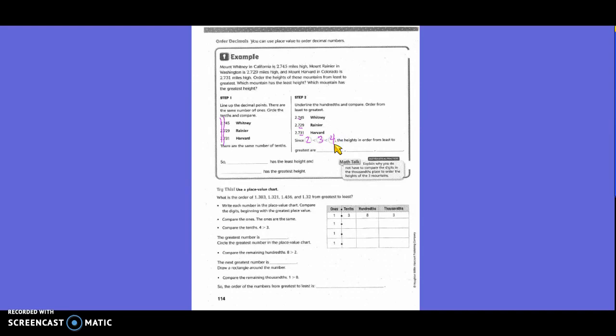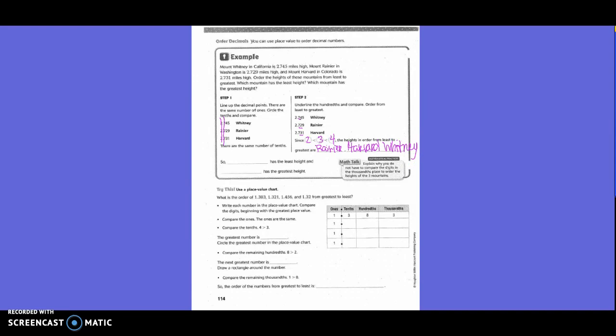So the heights in order from least to greatest are, so what would be the least? Rainier. What else? Harvard, and then Whitney. So, blank has the least height.